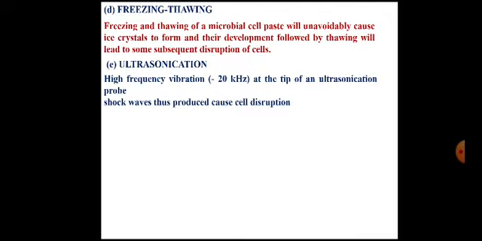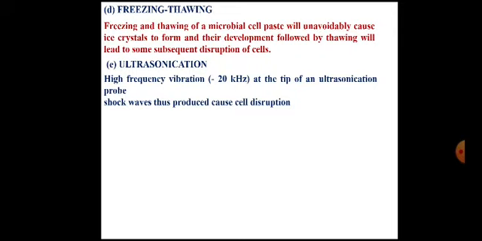Ultrasonication involves high frequency vibrations, that is 20 kilohertz, generated through a device called an ultrasonicator. It is generated at the tip of an ultrasonication probe.